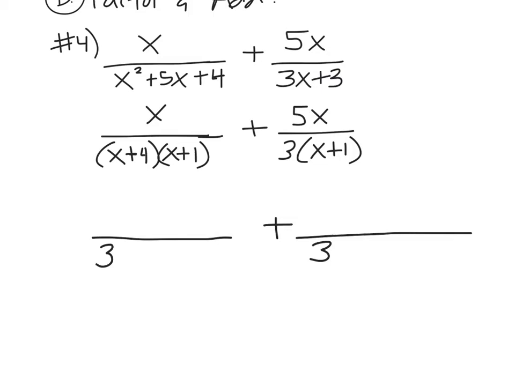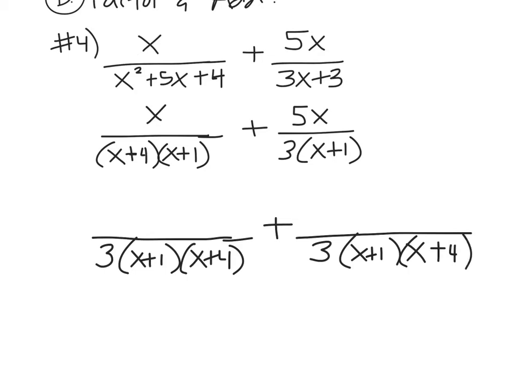I don't need to list that twice because they share that. So I can just go x plus 1 here. And then they're both going to need an x plus 4. So all of the factors that you see on the bottom, because I can't take factors away, I need to make them have the same factors. You just say, okay, I need one of those, and one of those. Like you're at the store, I need all of those.